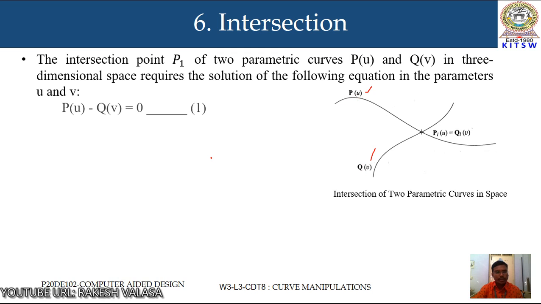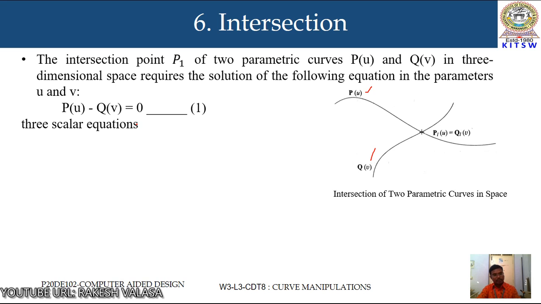So we can also write P of u minus Q of v equal to 0. This equation represents the three scalar equations that take the polynomial nonlinear form, generally in the two parameter unknowns. Here u and v are the two unknown parameters.